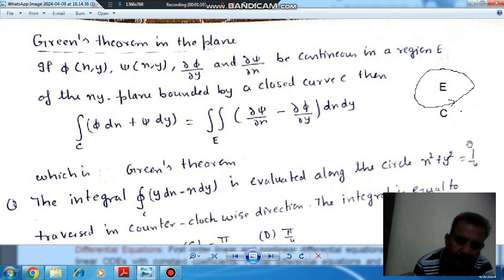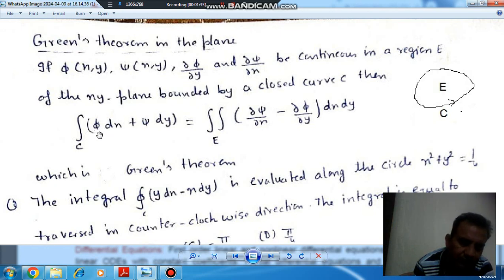I am repeating again. Suppose we have a region E which is enclosed by curve C, in which phi, psi, ∂phi/∂y, ∂psi/∂x are continuous functions. Then according to Green's theorem, the line integral can be changed into a surface integral.